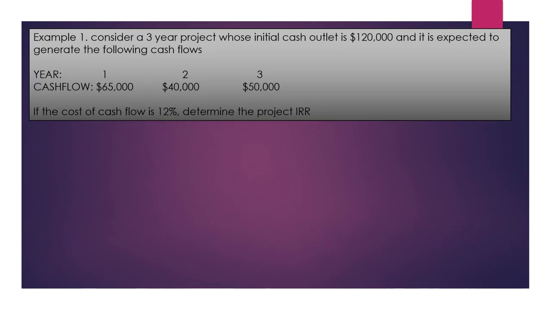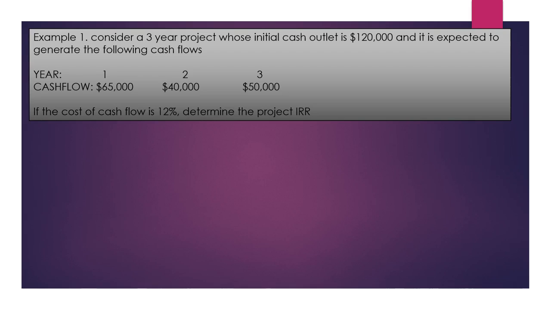Example 1. Consider a 3-year project whose initial cash outlay is $120,000 and it is expected to generate the following cash flow. In the first year, cash flow is $65,000.